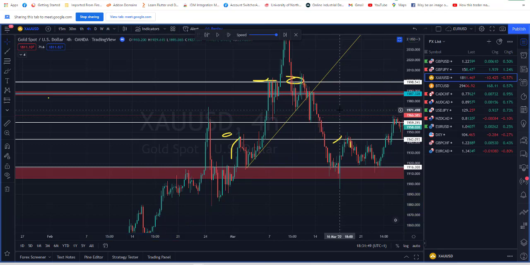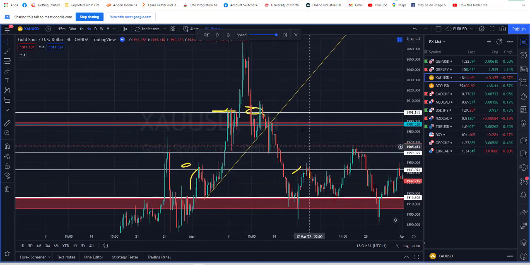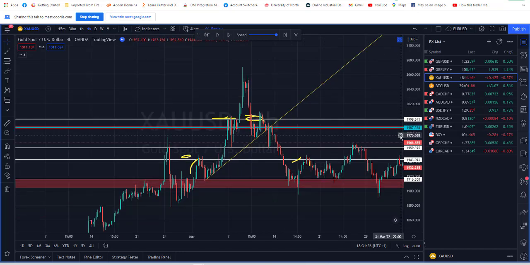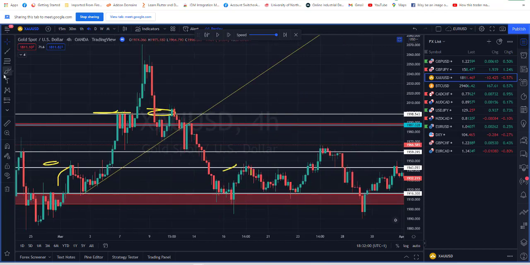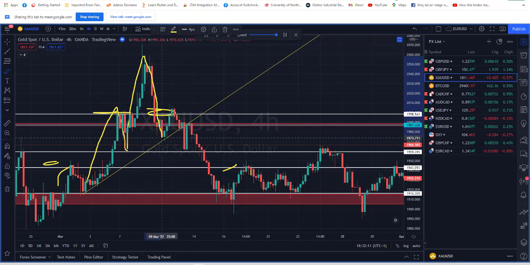Now, what we have here is this particular trend line. Let's analyze this a little bit. The market moved from this level, gave us a high, gave us a low, gave us a higher high, watch out, gave us a higher low. What were we expecting? We were expecting the market to give us another higher high since it was uptrending.